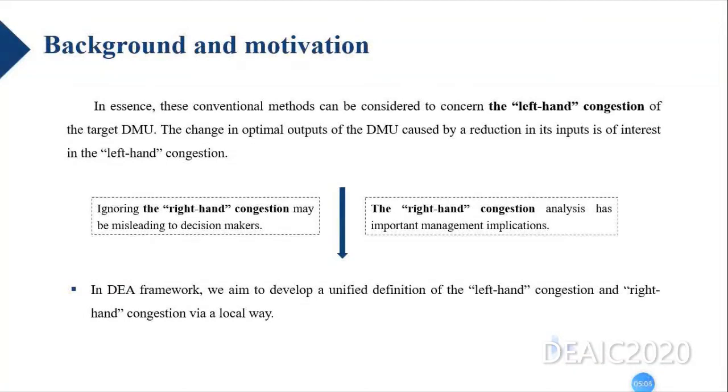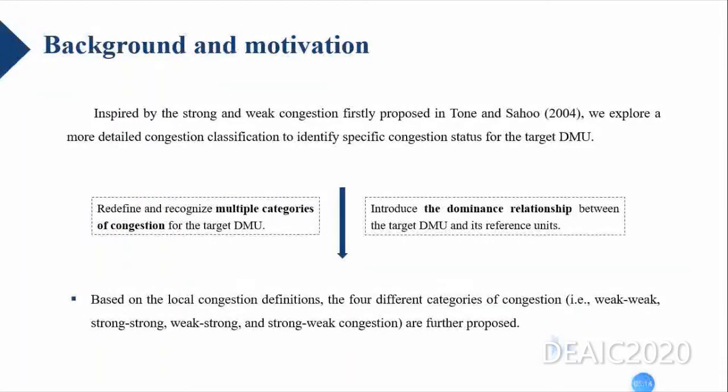We aim at proposing a unified method to define the right-hand congestion and the left-hand congestion in the DEA framework. Then, we will further focus on exploring a more detailed congestion classification to identify specific congestion status for the target DMU.